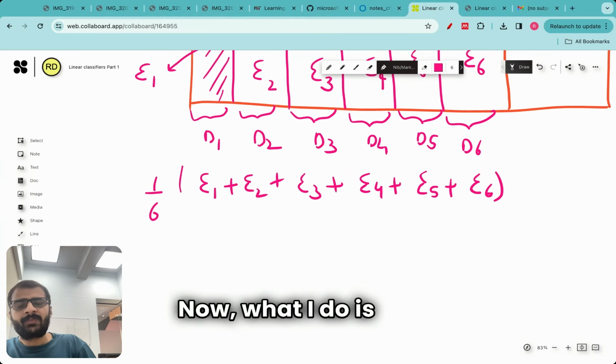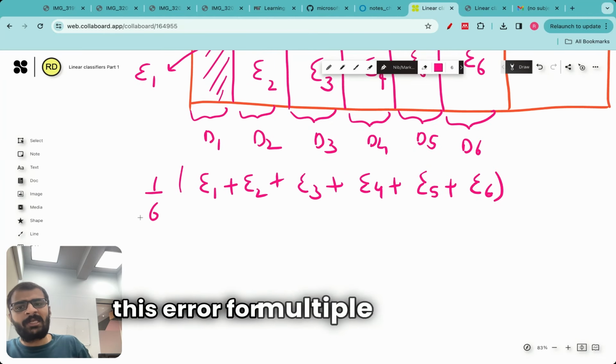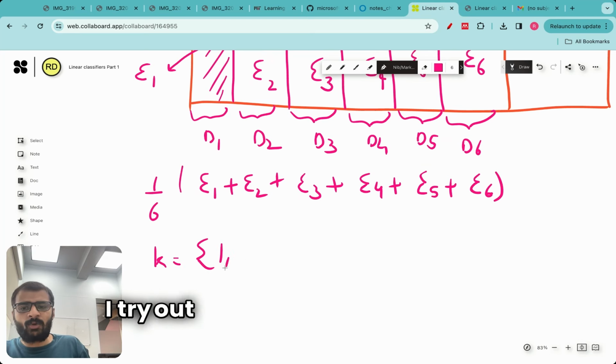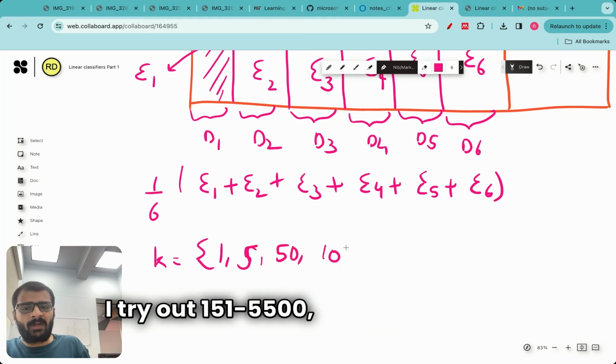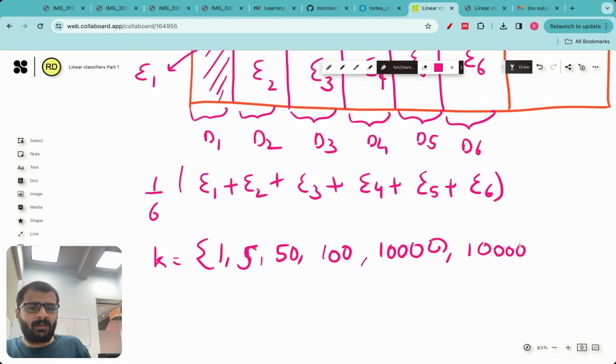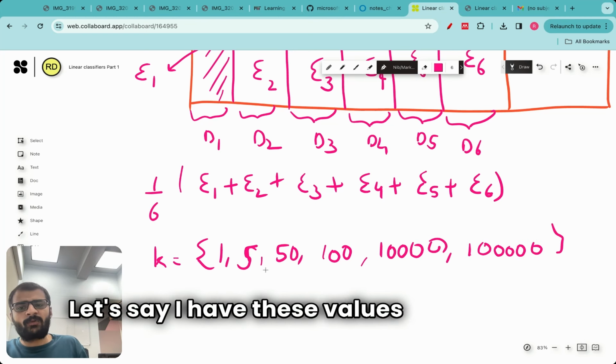Now what I do is I find this error for multiple values of k. So let's say for k, I try out 1, 5, 50, 100, 1000, or rather 10,000, 100,000. Let's say I have these values of k.